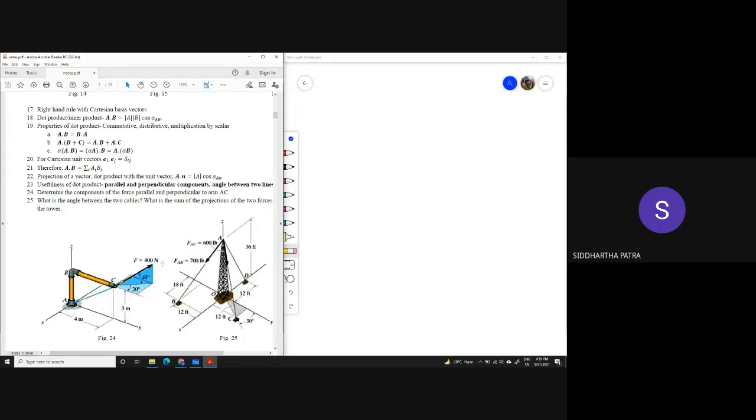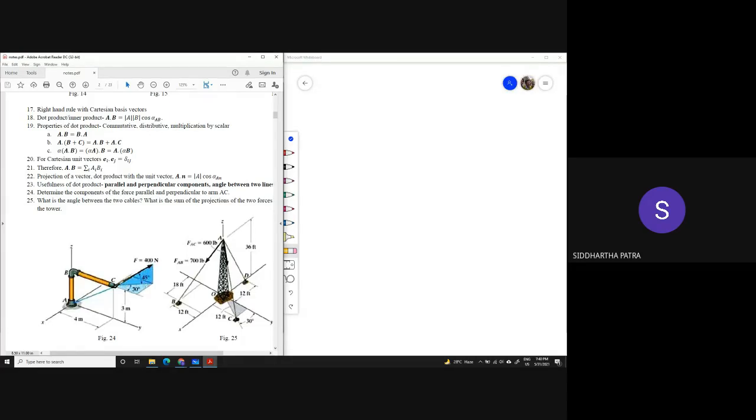In the last class we saw how to get the Cartesian component of that force from the angles that are given. So that will be our first job, and then we have been asked to find the parallel and perpendicular components of that force in the direction AC. So how do we do this?